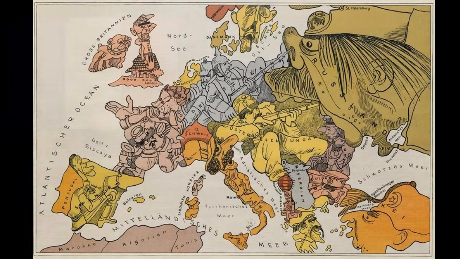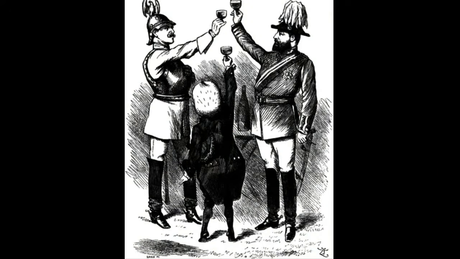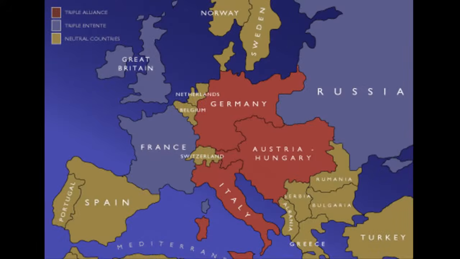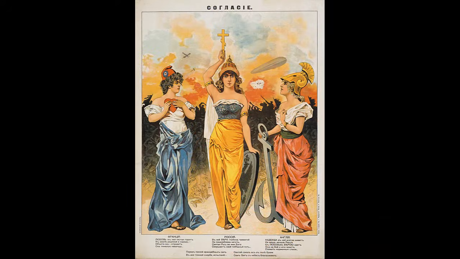A complicated system of alliances added to the tension of the era. Each country attempted to maintain agreements with numerous other nations, but by 1907, 2 key defense alliances had formed. France, Great Britain, and Russia formed the Triple Entente.